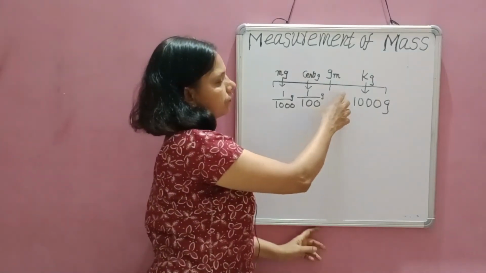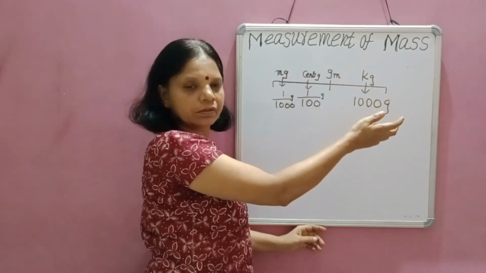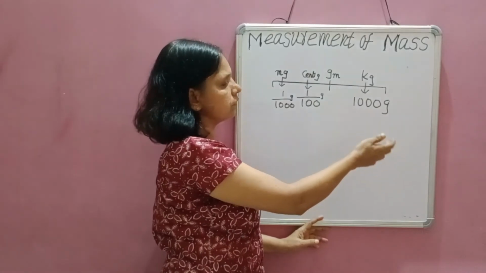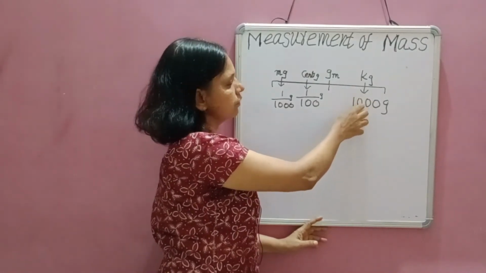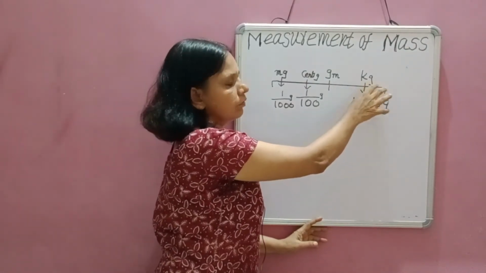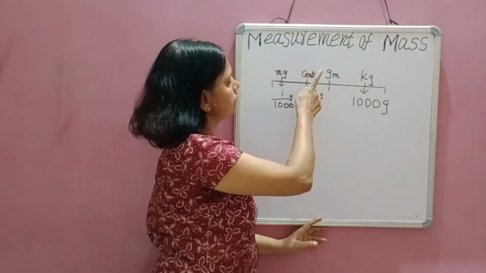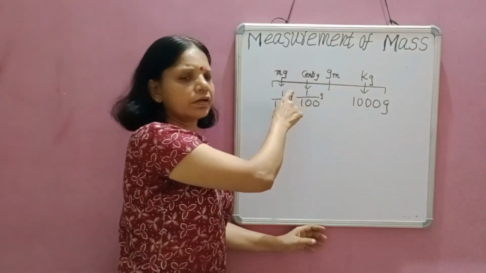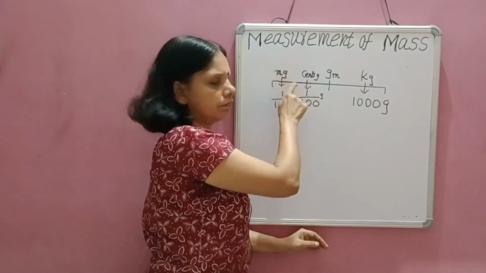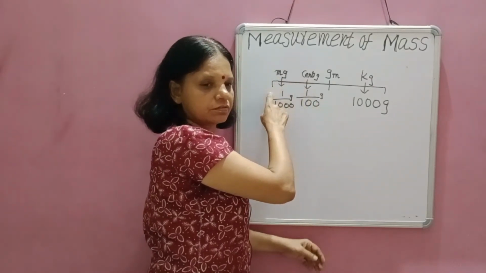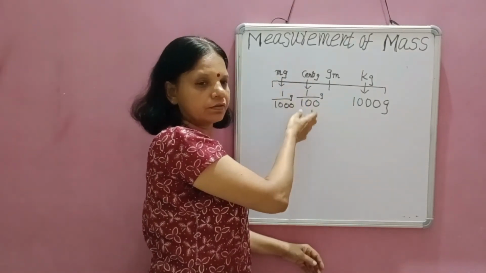Now we will come to the units of mass. Gram, kilogram. Bigger objects are weighed using the unit kilogram. Centigram is not commonly used, but milligram is used for precious objects like silver and gold.